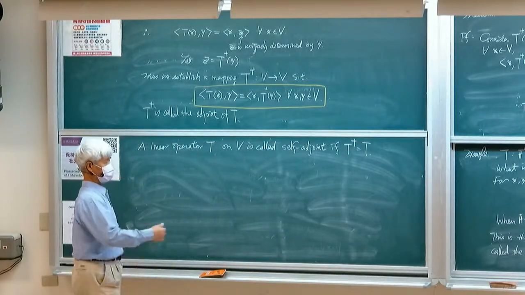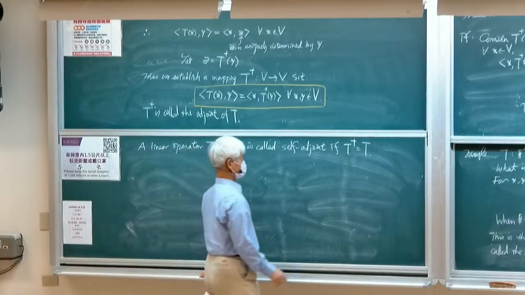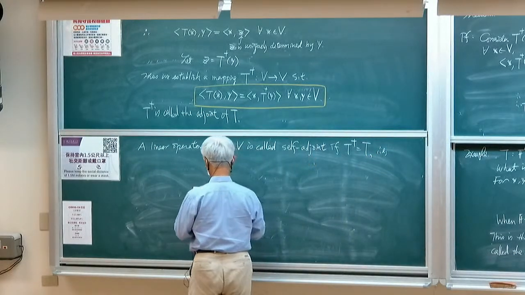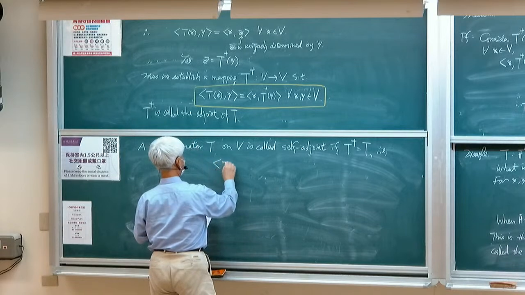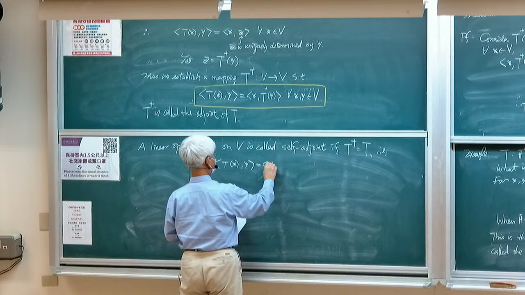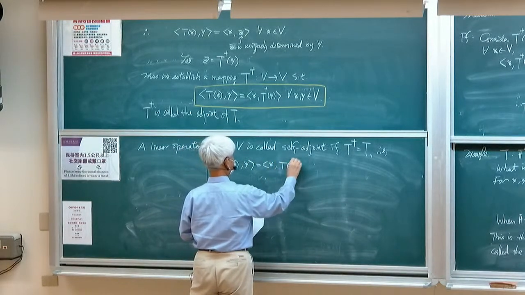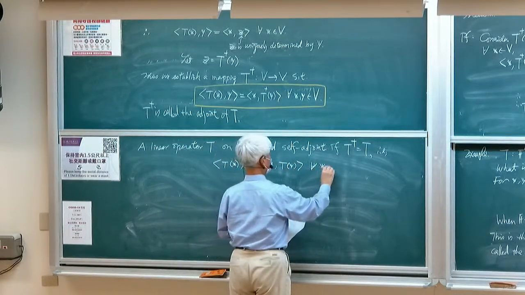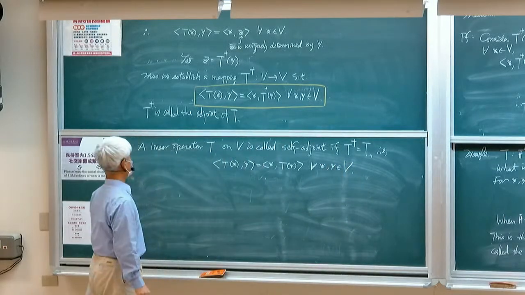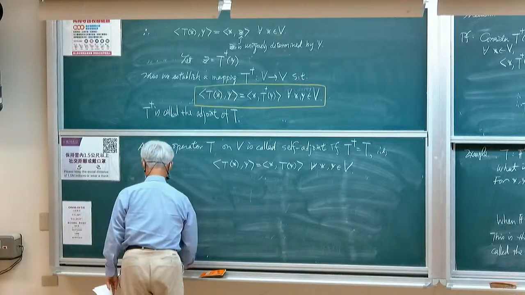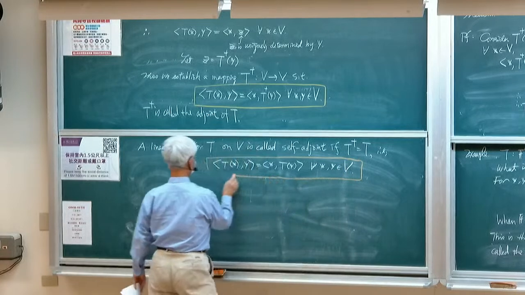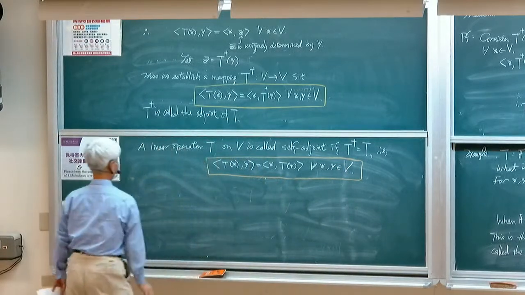So self-adjoint means that T dagger is equal to T. I.e., it means that Tx, y equals x, Ty for all x, y in V. Okay. So this is the functional definition of a self-adjoint linear operator.